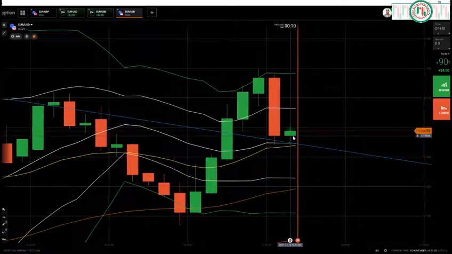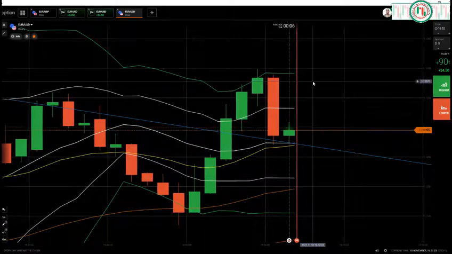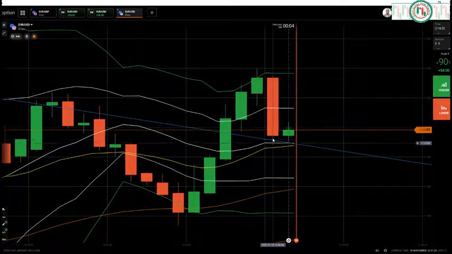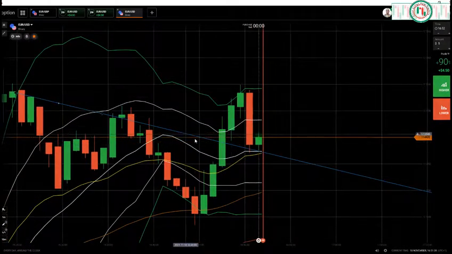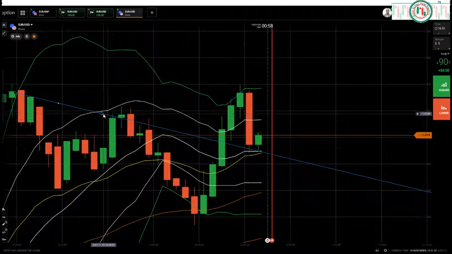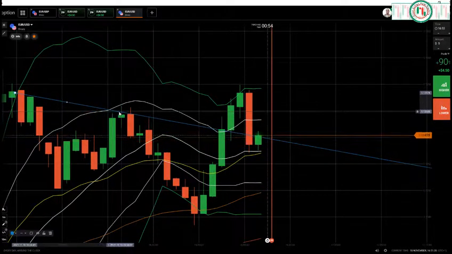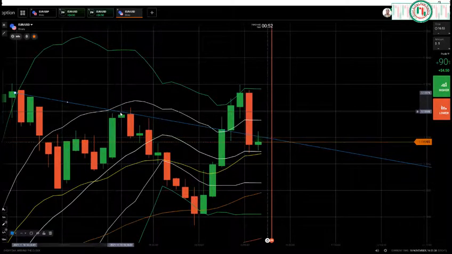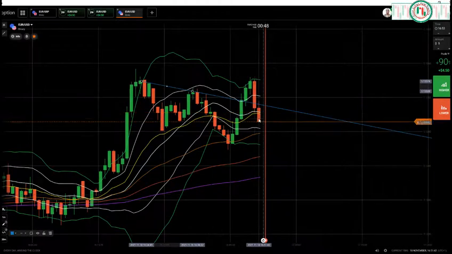If this candle is a red candle, so I will go with sellers again, because here is tricky. It may reverse because of this trend line here. Market may reverse because of this. Yes, the market may reverse.